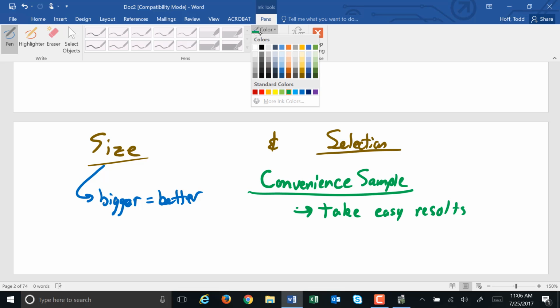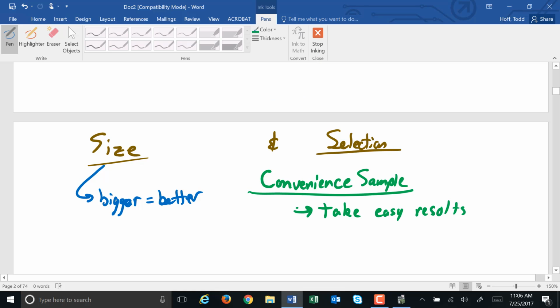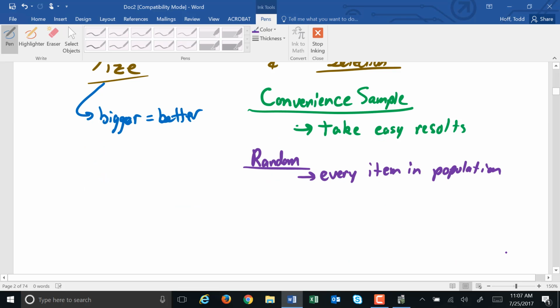For a sample to be good, it must be random. Random means every item in the population has equal chance to be in the sample.